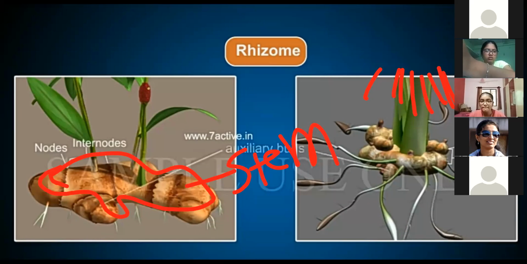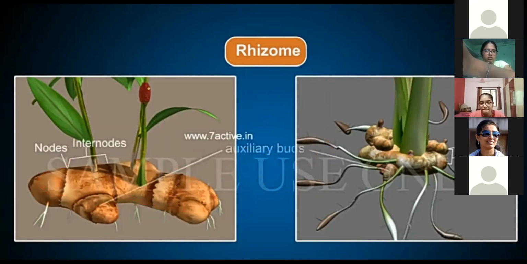So from that an entire plant can be developed, so that we call vegetative propagation. So these are examples: rhizome, tuber, comb, examples of storage of food as well as vegetative propagation also. They carry a dual function: storing of food, and by storing it actually helps in vegetative propagation also. Remember.